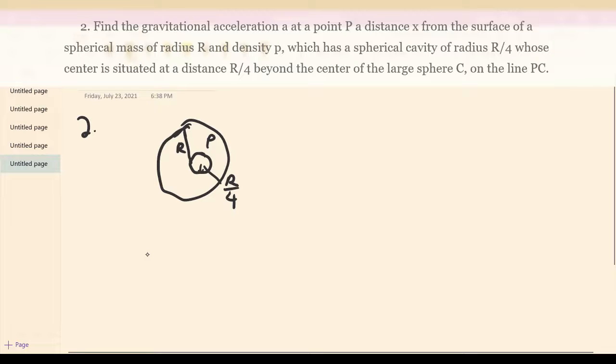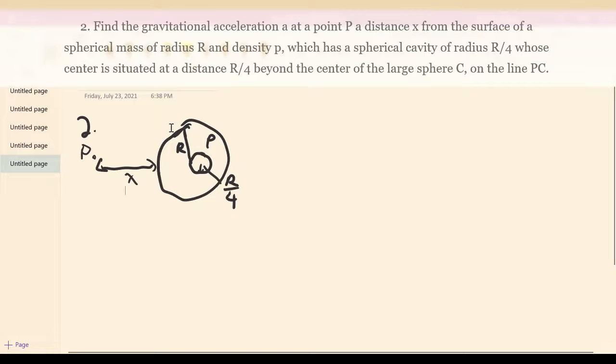And so we want to find the gravitational acceleration at a point P here, which is a distance x from the surface of the sphere.